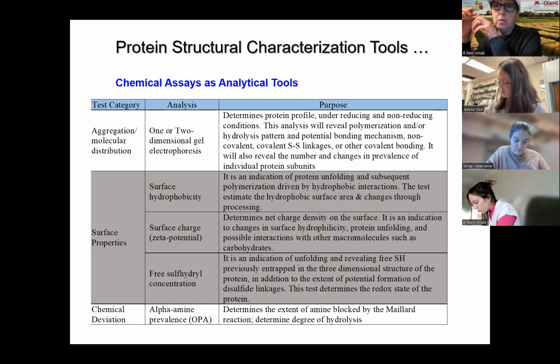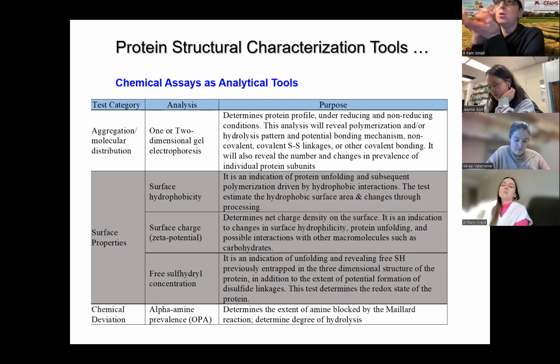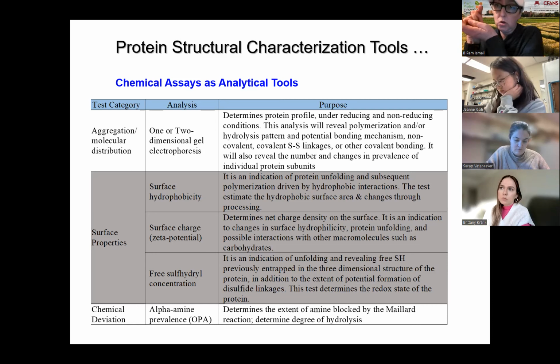Whether the protein is net negatively charged, if you have NaCl, your Na+ is going to shield your negative charge. And if the protein is positively charged, then the Cl- is going to shield your net positive charge. So when you have salt, in general, you're going to impact the surface charge measurement as well.